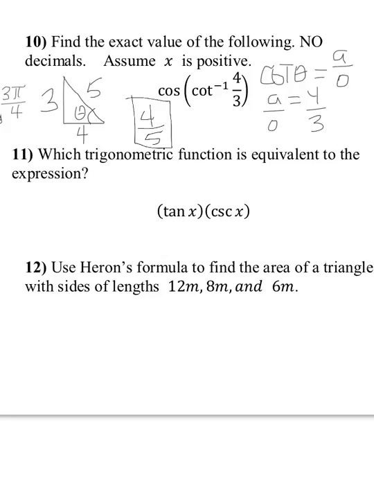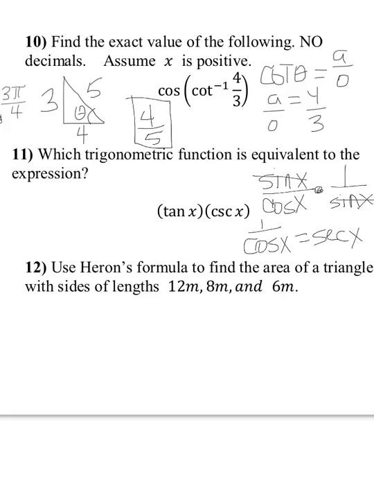So I'm going to change this tangent into sine over cosine, and I'm going to change the cosecant into 1 over sine. And then I simplify that, and I end up with 1 over cosine x, which I know according to my formula chart is just secant. And then I'm done.